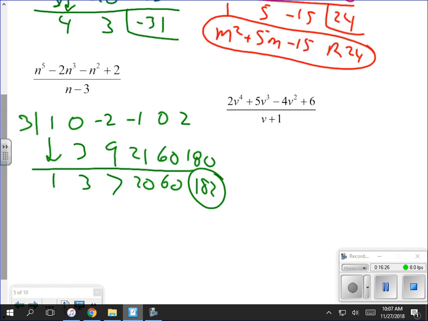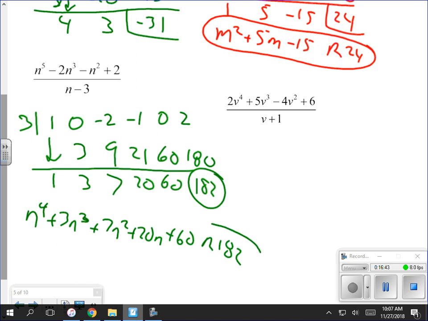Which means my final answer is n to the fourth plus 3n cubed, sorry, plus 7n squared plus 20n plus 60 with a remainder of 182.